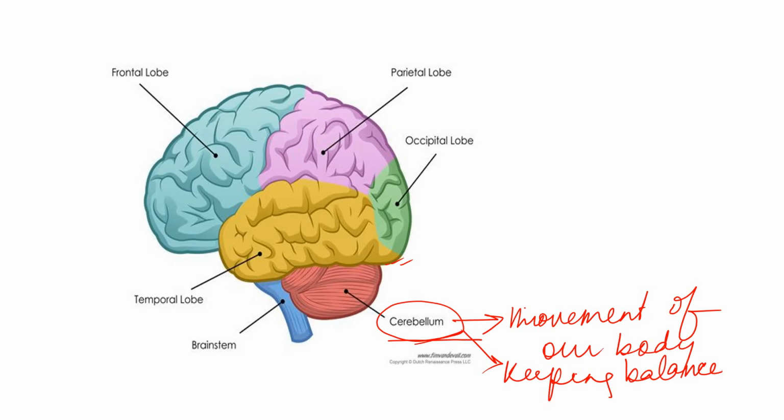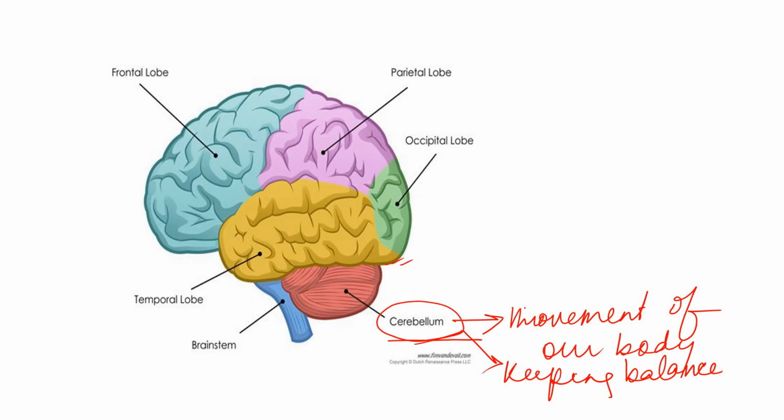When we sit on a chair or on a bed or anywhere, we have a certain balance in our body, right? That is being maintained by the cerebellum. And when we move our hands, move our legs, travel from one place to another with the help of our legs, all these are motor activities taking place in our body, and this is being done by the cerebellum.